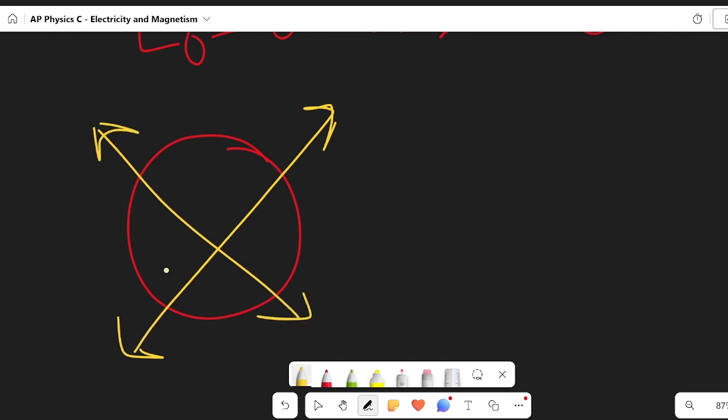Along these lines, wherever you go, if you have a charge here, these two charges will have the same electric field.